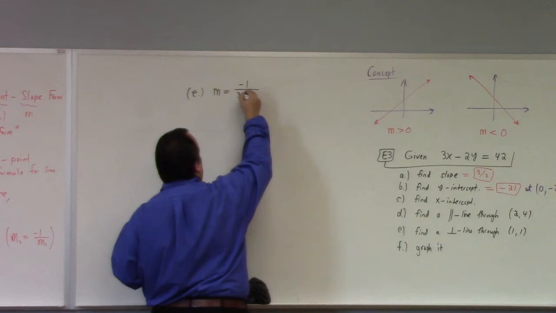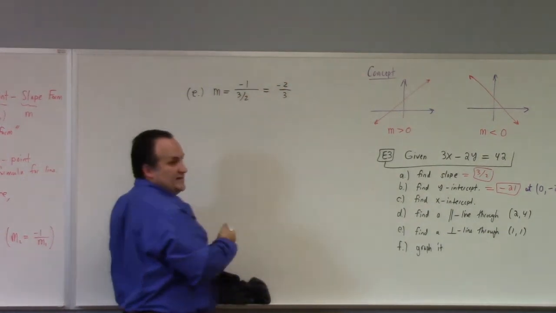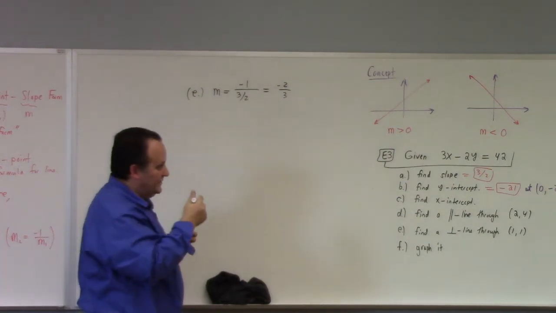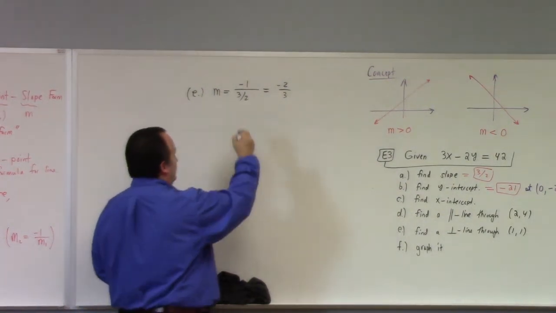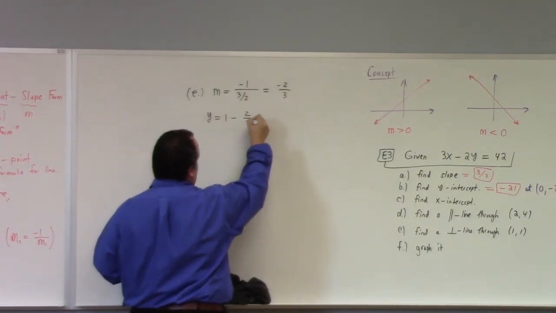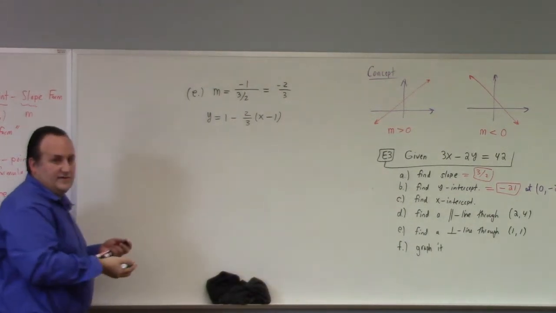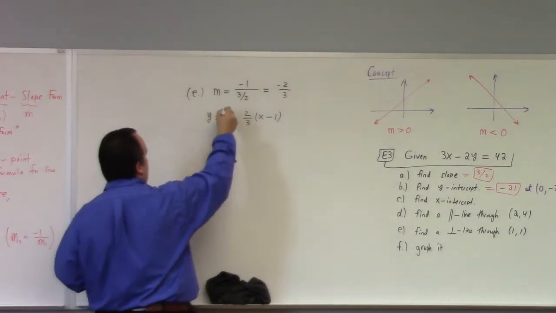So we need minus 1 over 3/2, which is minus 2/3. That's the slope we want. With the point I was given, 1 minus 2/3 times x minus 1. So there's the equation of the perpendicular line through 1, 1. It's right there.